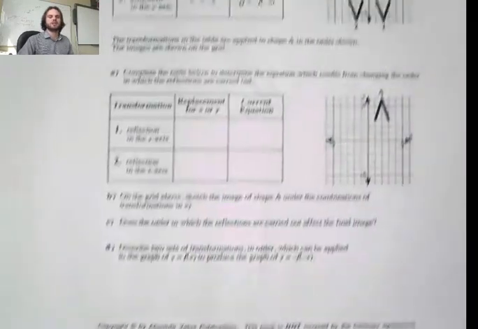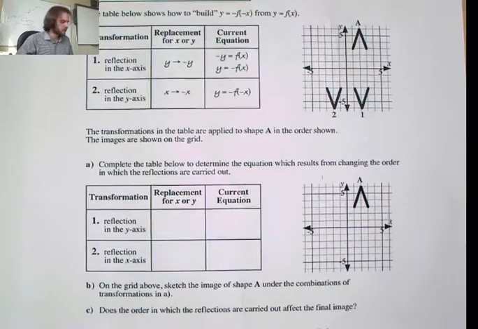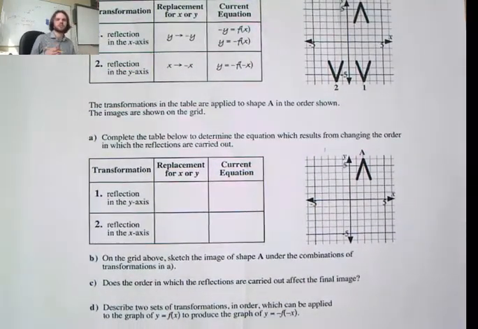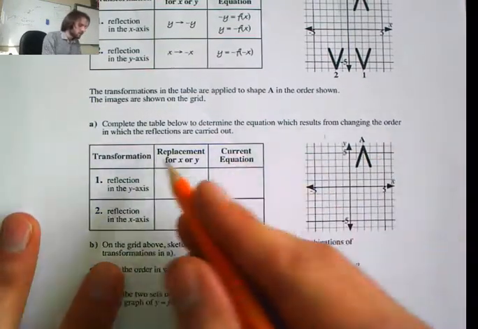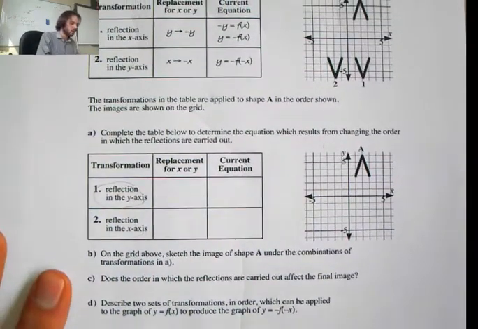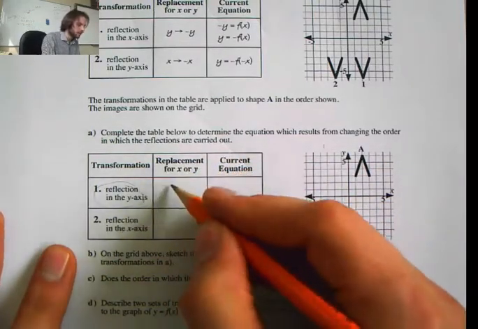Okay, our next section here is on combining reflections. So for these combining reflections, I'm going to just help you out with this, just as a little helpful note here. So it first says step 1 is a reflection in the y-axis. So I look at that, that means are we replacing x or y?